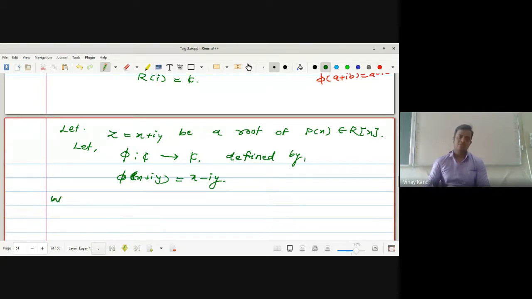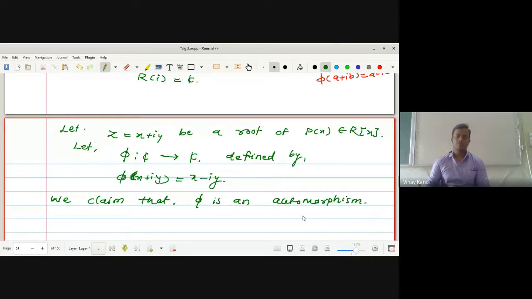Now we claim that phi is an automorphism.